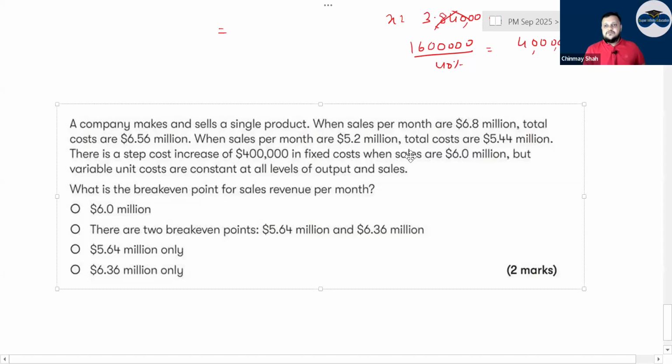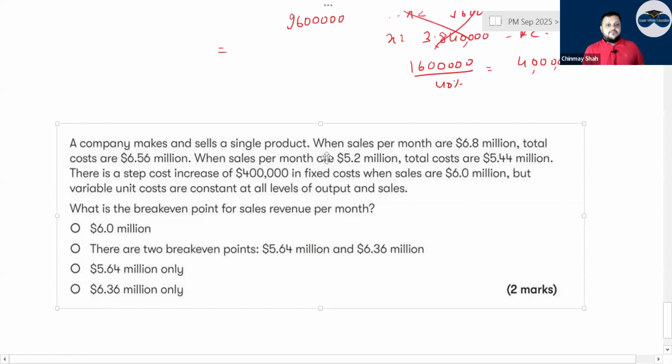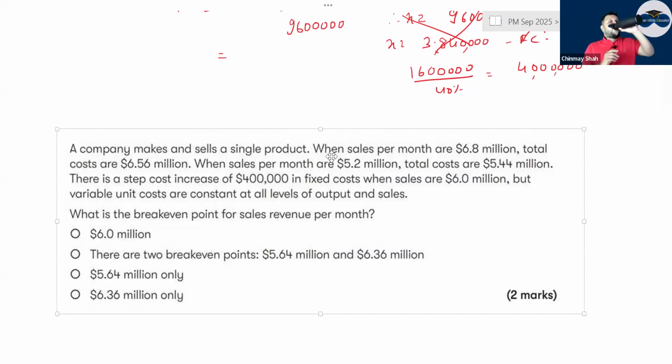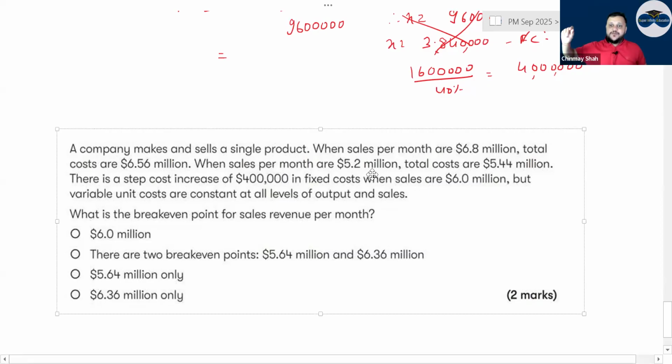Now come to this question. A company makes and sells a single product. When sales per month are 6.8 million, total costs are 6.56 million. When sales per month are 5.2 million, total costs are 5.44 million.